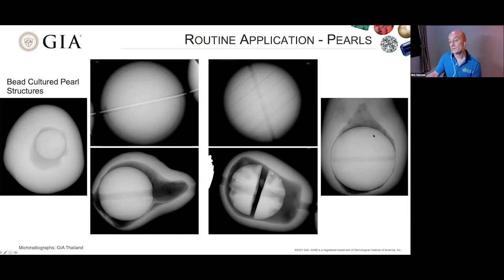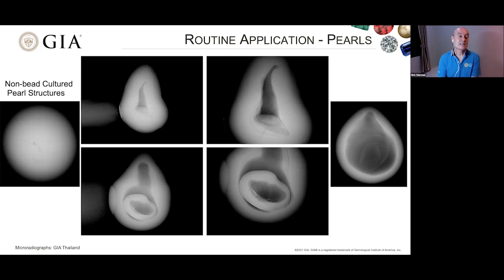And we have here one pearl which is showing that it's drilled inside the bead, but the pearl is not drilled itself. I mean, the hole does not continue. So this is something else I could talk about for a long time, but I know we're short of time.